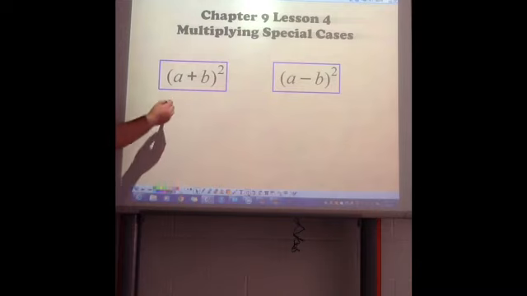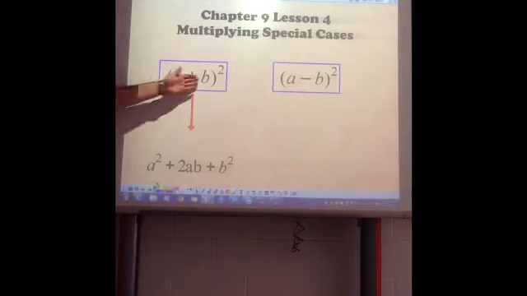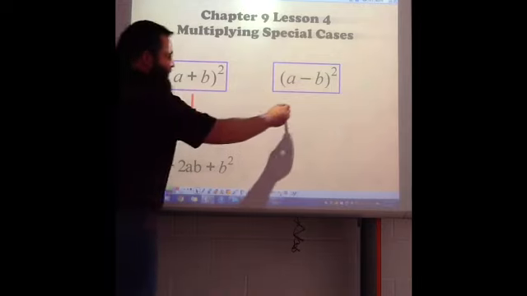To help you with that, if we follow FOIL, we would get this generic statement: a squared plus 2ab plus b squared. And hopefully this idea will help you once we fill in numbers for a and b later on in this slideshow.